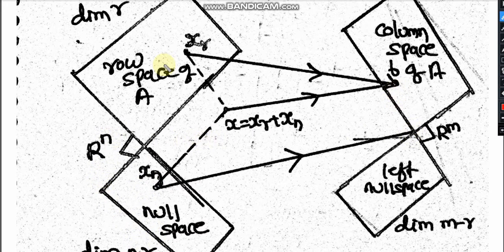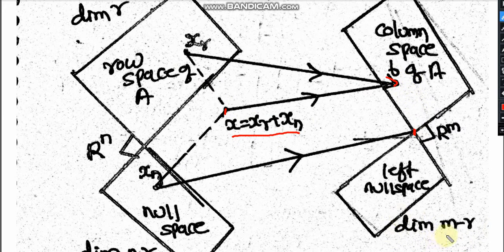When you write it in terms of the matrix, the row space goes to the column space and the null space goes to the 0 point, that is, the null space goes to x equals 0. We are splitting x in terms of xr and xn, and when you have x equals xr plus xn, the solution automatically goes to the column space itself.